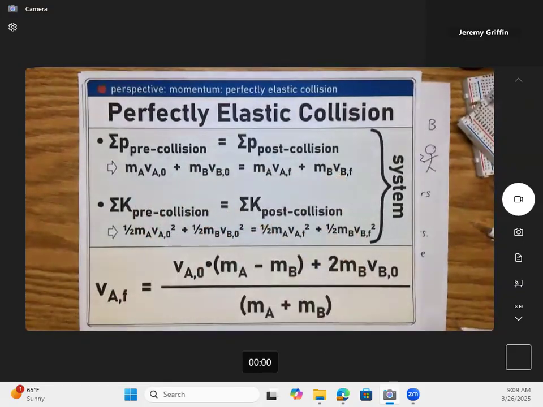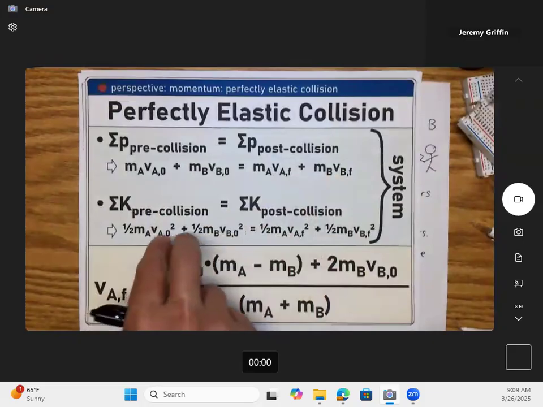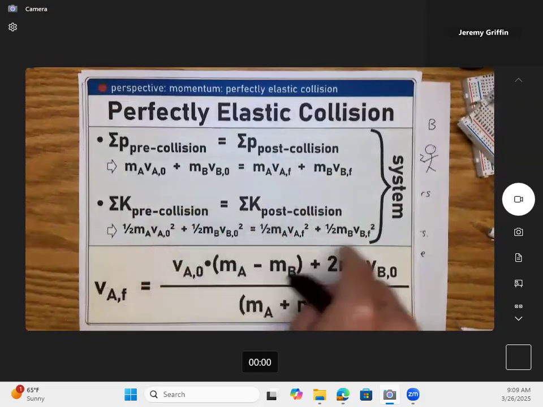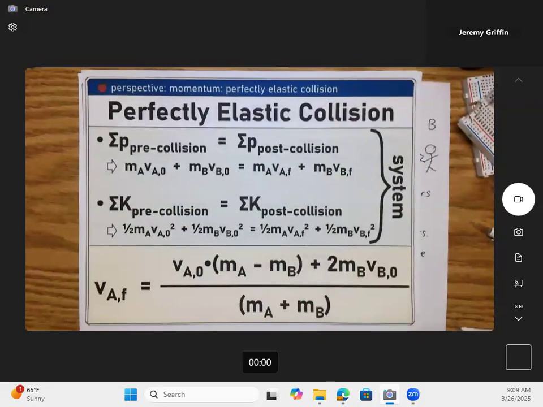Unless you just want to memorize this gold box, that's okay too. Especially focus on the kinetic energy condition. If you get 35 joules on the left side and 35 joules on the right side, then you know it satisfies that condition, and that's probably the elastic collision.